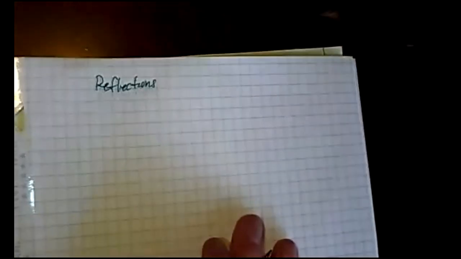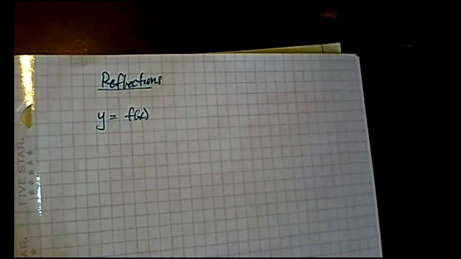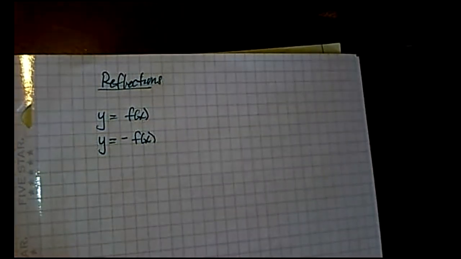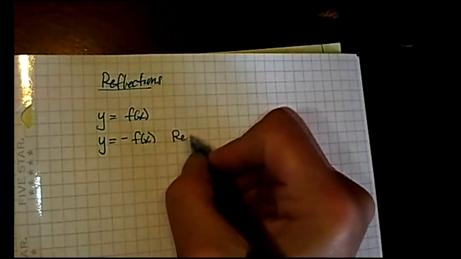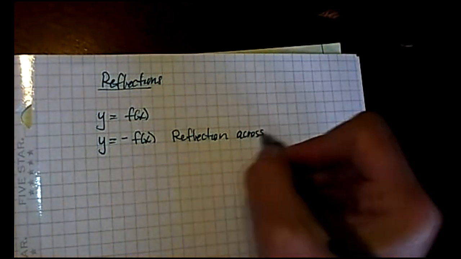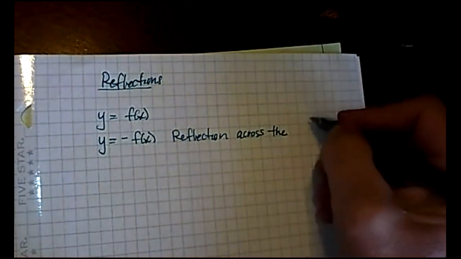For reflections, let's say I have whatever the function is: absolute value, quadratic, whatever it is. If I have a negative on the outside of that function, that means there's a reflection across the x-axis.